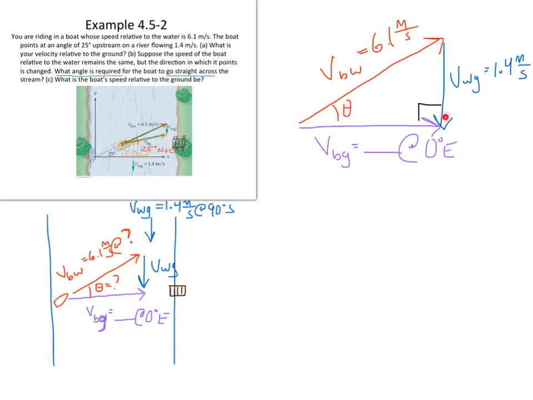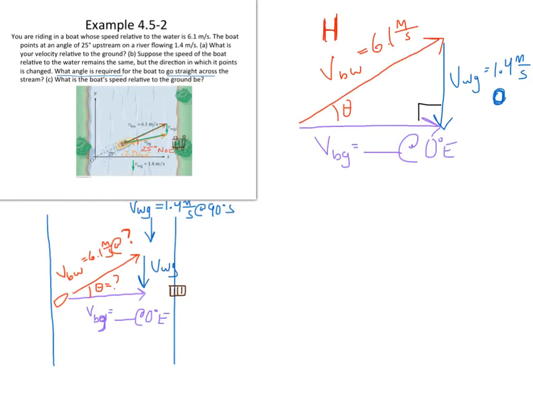Well, we know the opposite side. The opposite side is 1.4 meters per second, right? That's the opposite side right here. And we also know the hypotenuse. The hypotenuse of this triangle is our 6.1 meters per second, even though we don't know the direction. All right, so that's our hypotenuse, a big H right here.